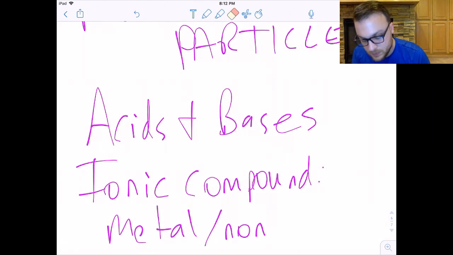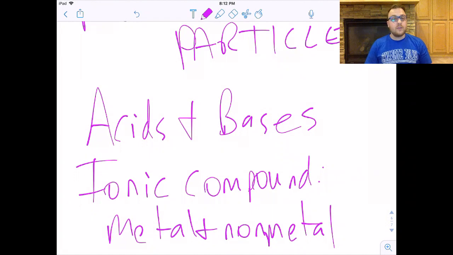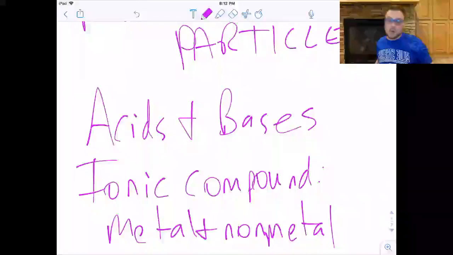So, when you have a question about an electrolyte, and a lot of times these are multiple choice, they give you options, like which one of these is an electrolyte. Check Table K, check Table L, or see if there's a metal with a nonmetal. See if you see a compound with a metal in it. Okay? Because they love that question.